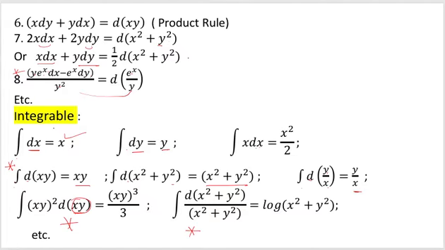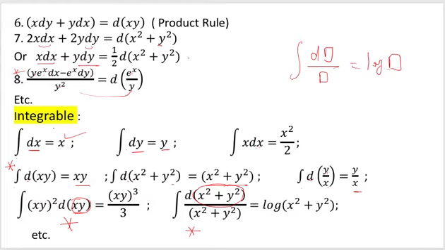Even here, you are integrating d of x square plus y square. If x square plus y square is in the denominator, you are integrating something divided by it, you always put the formula of log of this expression. So you just have to see the model and cross check what kind of expressions are directly integrable. So these are all directly integrable.